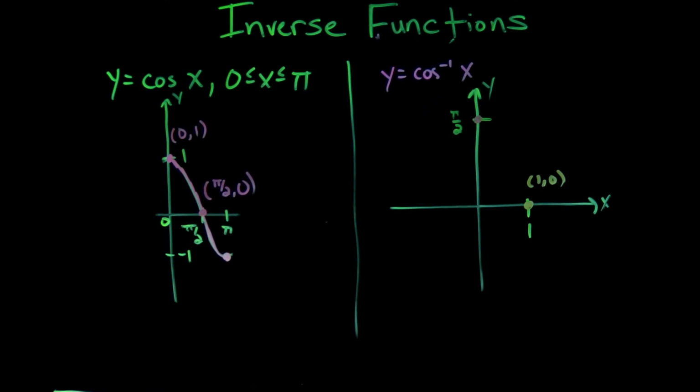Okay, and then finally, on our cosine graph, we have a point at pi, -1. Okay, and that's going to translate to the point -1, pi on our inverse cosine graph.